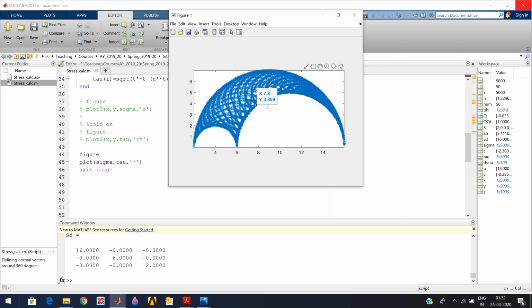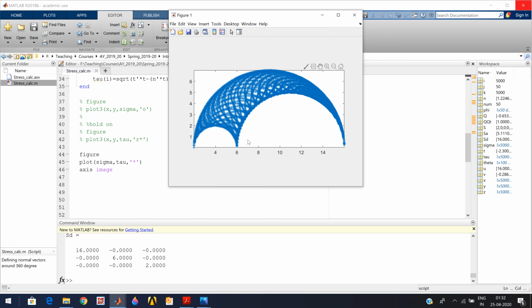This is called the Mohr circle of stress. In the 2-dimensional case you get only 1 circle, but for 3 dimensions we get 3 circles.